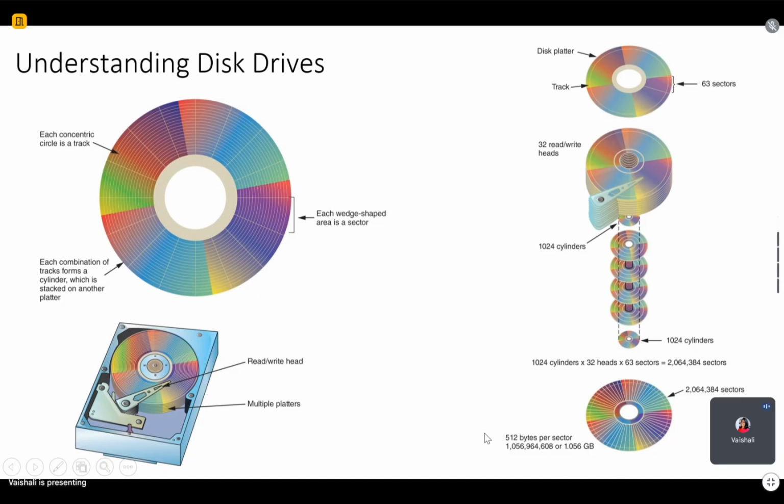One sector's size is 512 bytes. So if you multiply these, the total capacity of one CD is around 1 GB. So if you have a 500 GB hard disk, you have 500 cylinders inside. If you have 1 TB, then 1024 cylinders inside. So this is the structure of your hard disk. Okay, if you open your hard disk, meaning take off its top cover, you may see this type of structures.